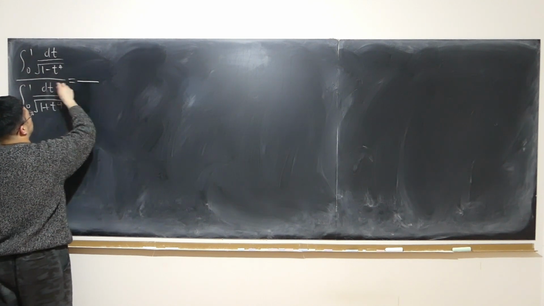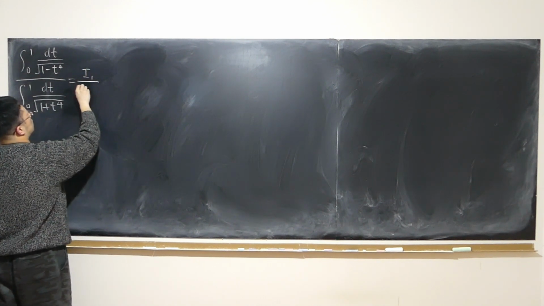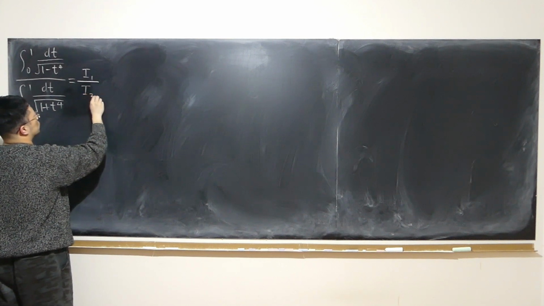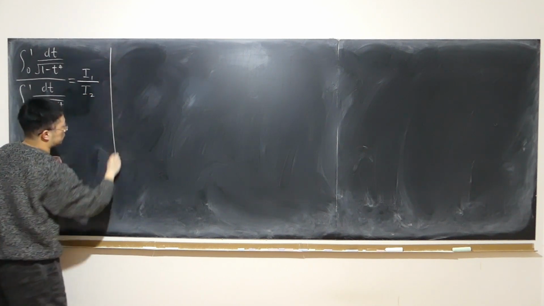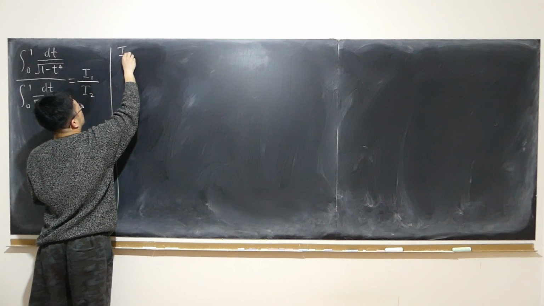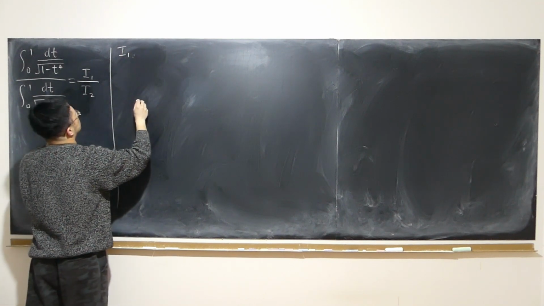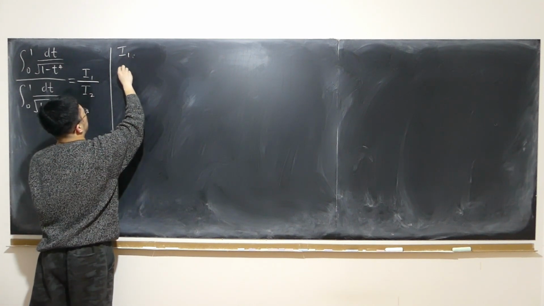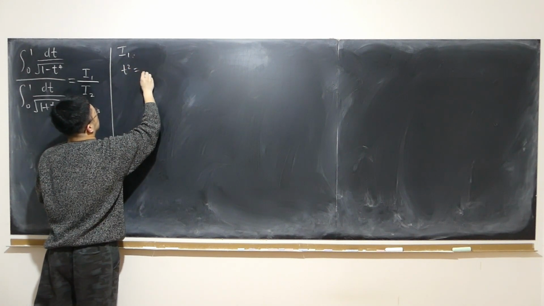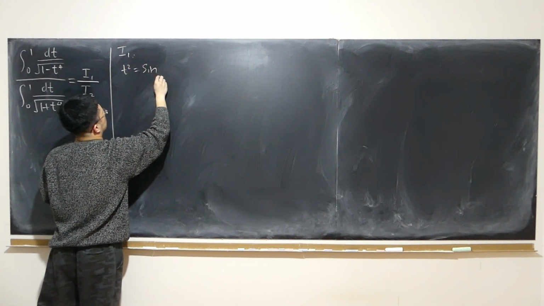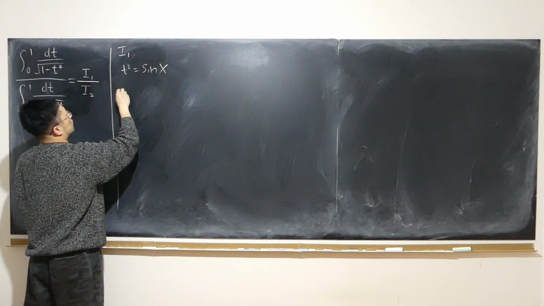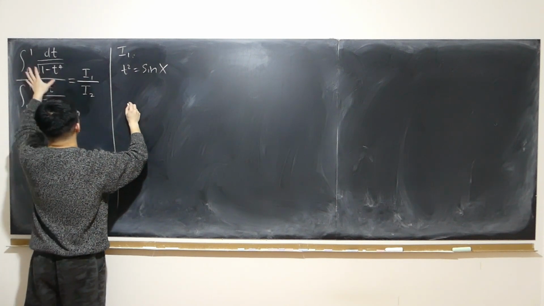First, I'm going to denote the first integral as I1 and the bottom integral as I2. Then for the integral I1, can I let, for example, t squared equal to perhaps sine x? Then of course I have to change the boundaries.